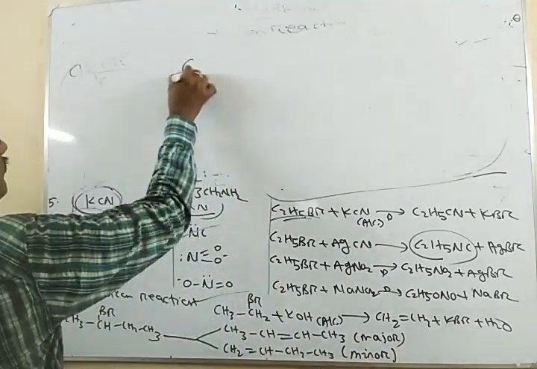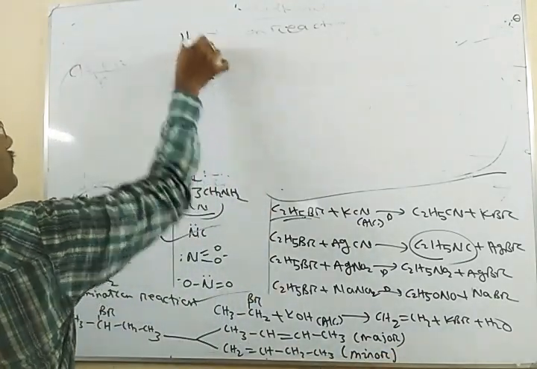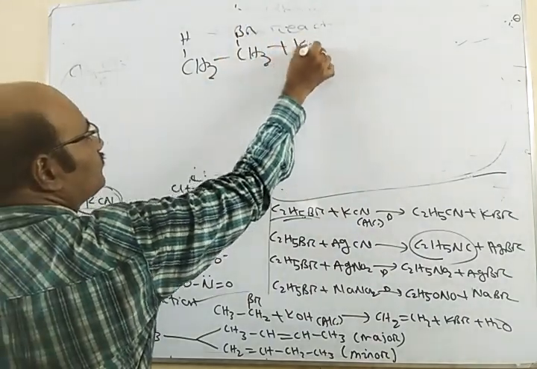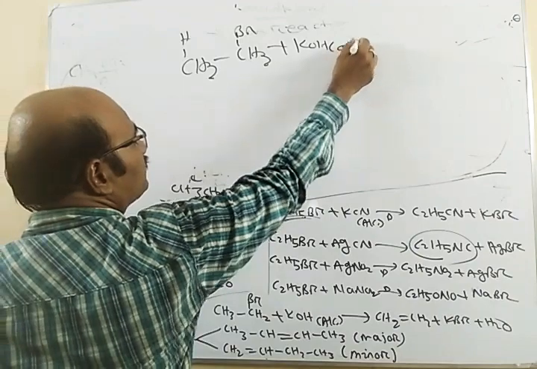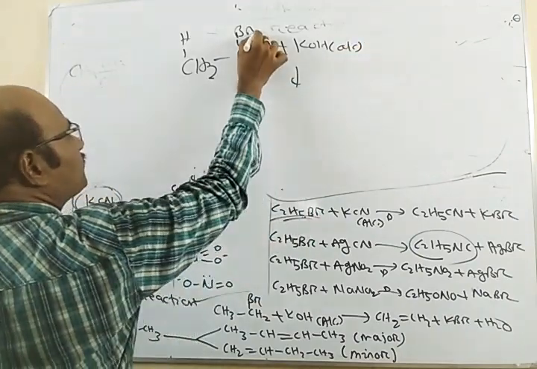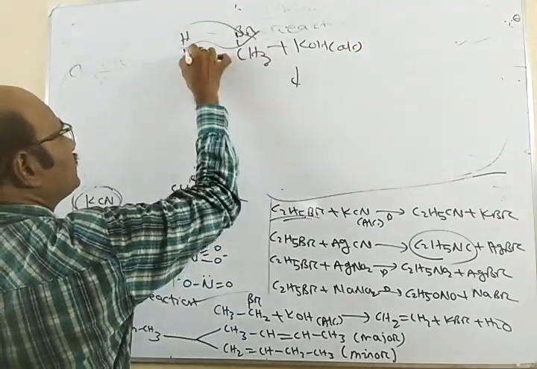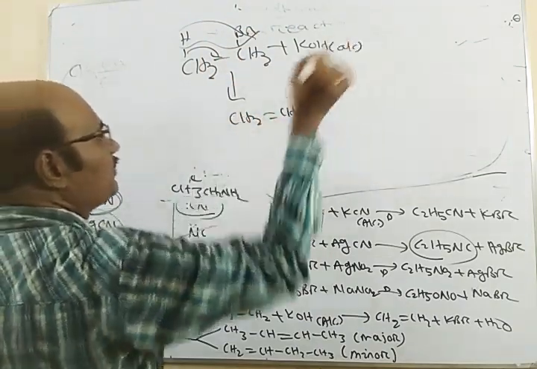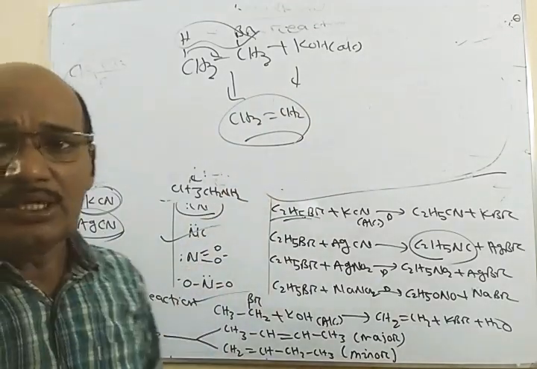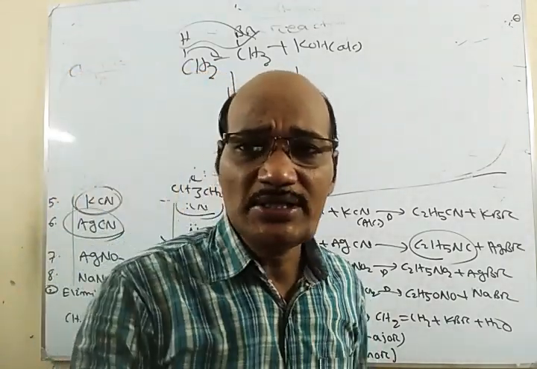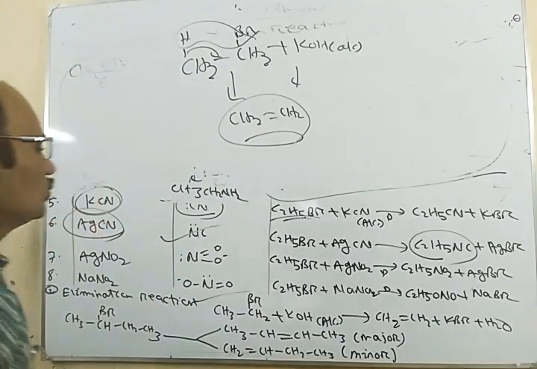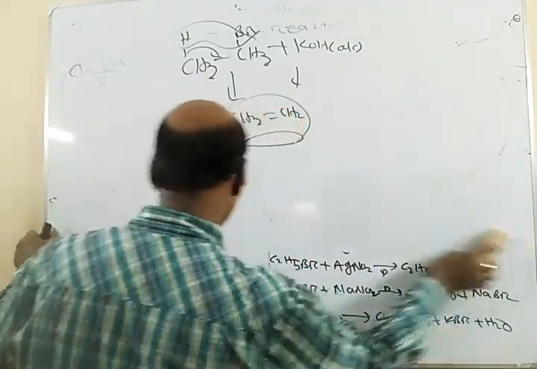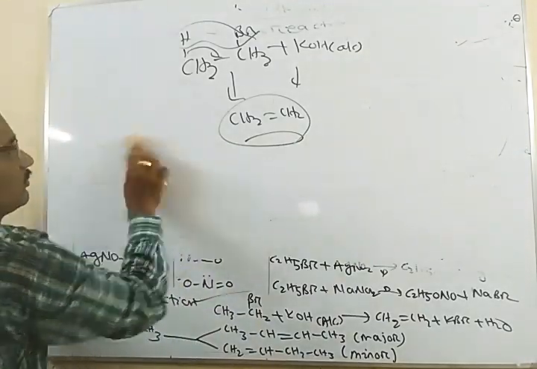So CH3CH2Br plus alcoholic KOH will give H plus and Br minus, and this one will give CH2=CH2 plus KBr plus H2O. This is also called dehydrohalogenation. One hydrogen and one halogen are removed here, so it is called dehydrohalogenation.